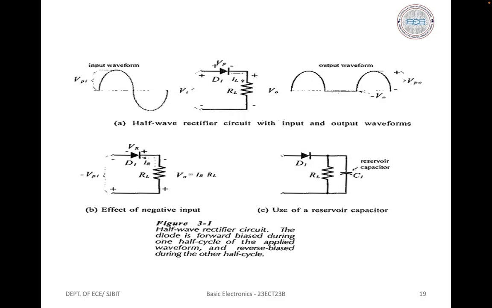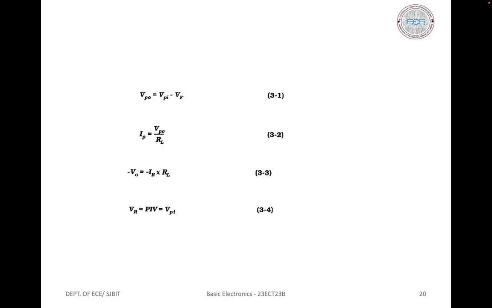So the peak output voltage is given as Vpo = Vpi - Vf, where Vpi = 1.414 Vi. Here Vi is the RMS level of the sinusoidal input voltage to the rectifier circuit from the transformer output. The diode peak forward current is Ip = Vpo/RL.